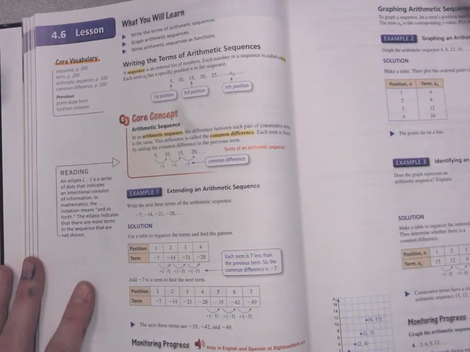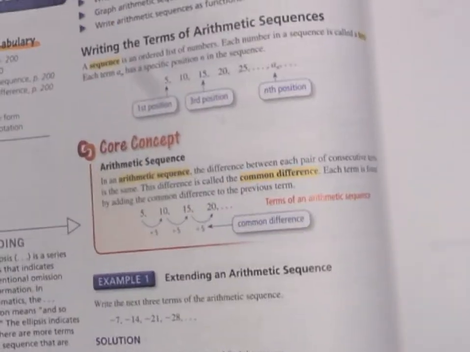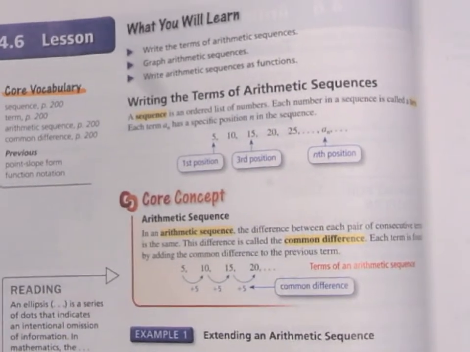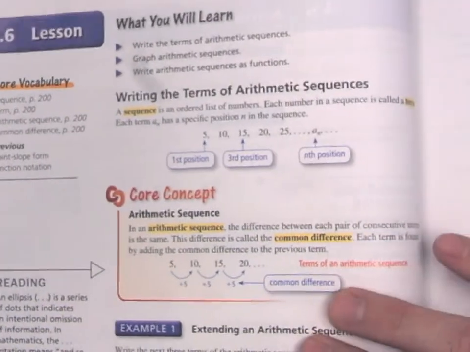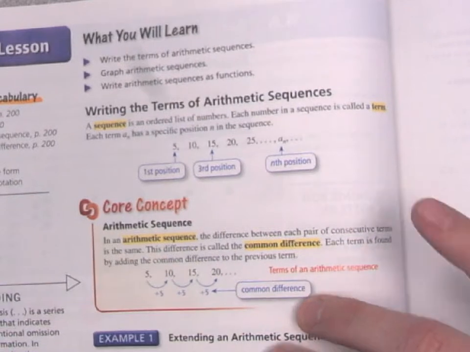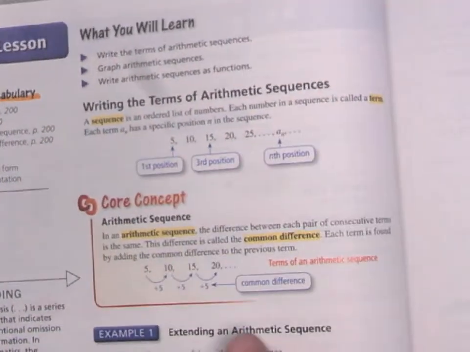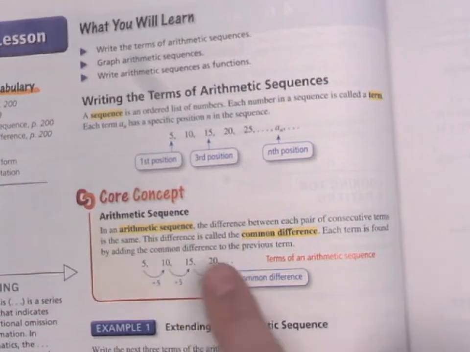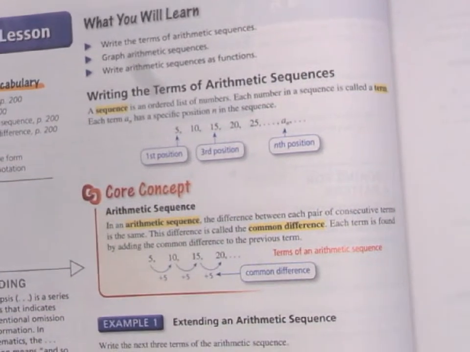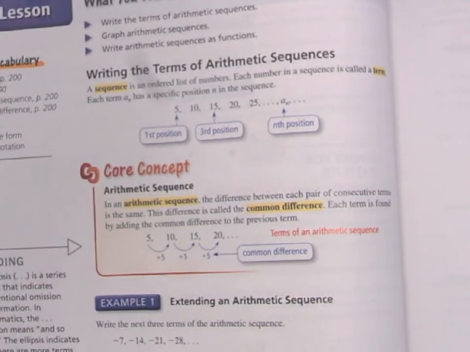So there are some important key concepts in here. We'll zoom in. Now, you will probably want to pull this up in your online book, because you won't be able to see this very well. There's a bunch of key terms where it talks about term and sequence and arithmetic sequence and what that is, and common difference. Those are all really important ideas that I'm going to talk about in just a second.